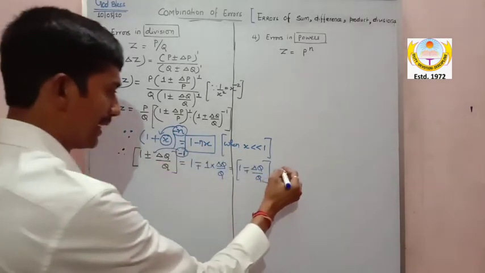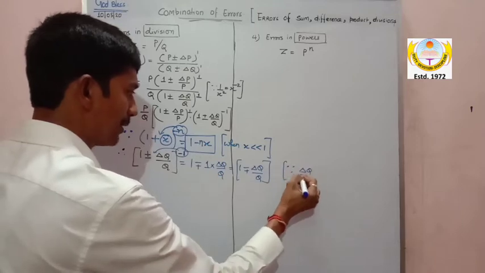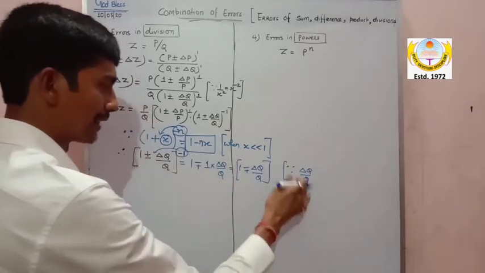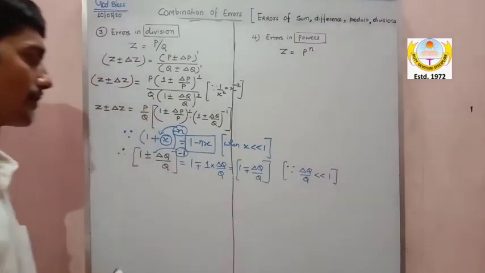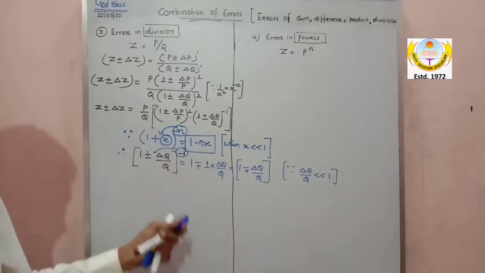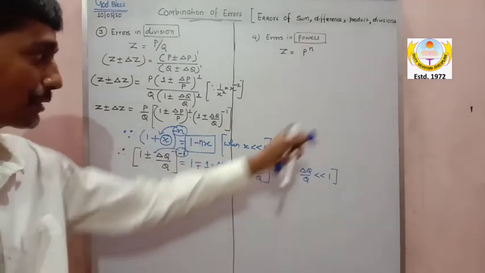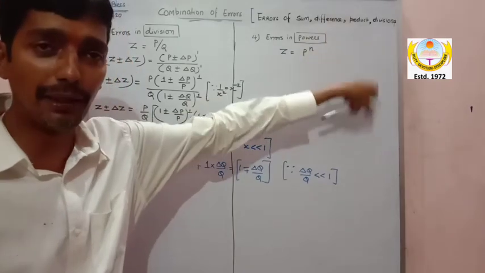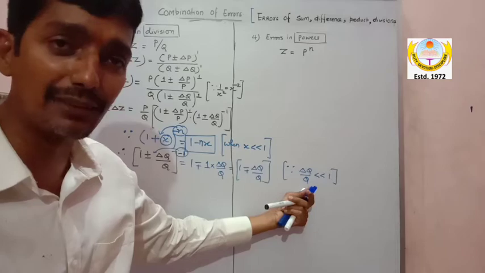And here also, since delta q by q is less than 1, I apply this method. Why do I apply this rule? Because, as I showed in my previous video, delta q is the error and q is the true value.